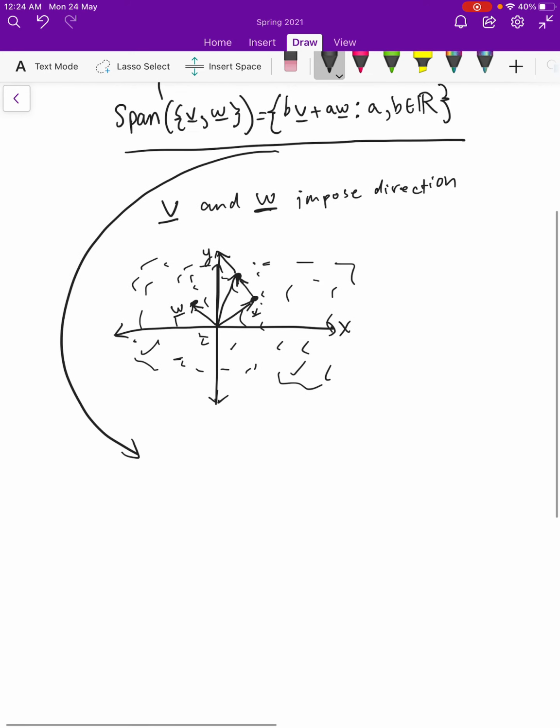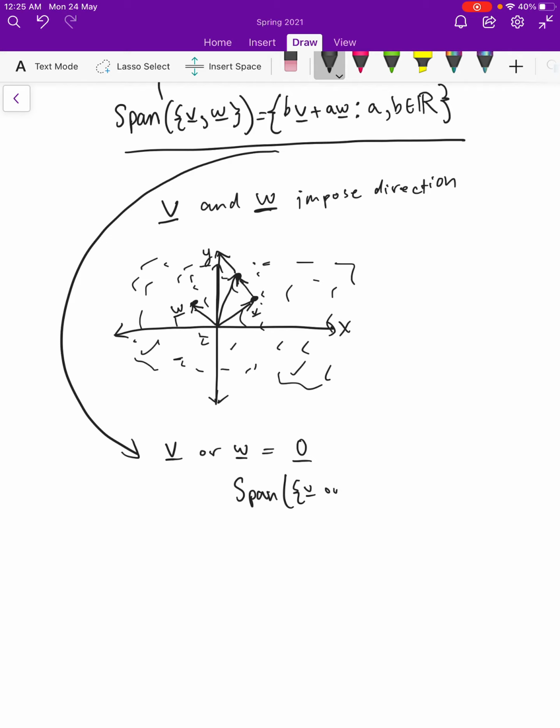The first obvious thing is, if v or w is the zero vector, and they're not both the zero vector, then we're basically going to get the span of one of these vectors.